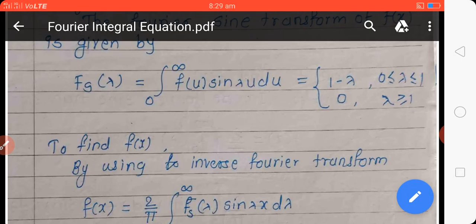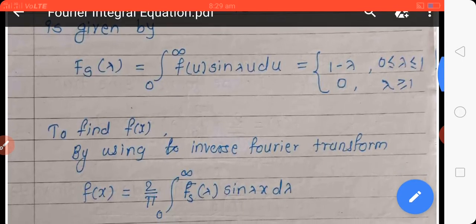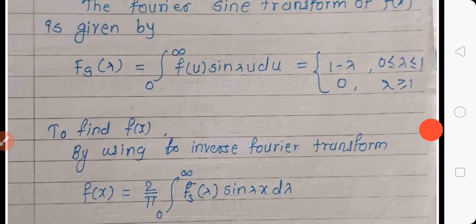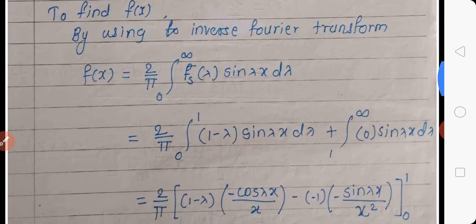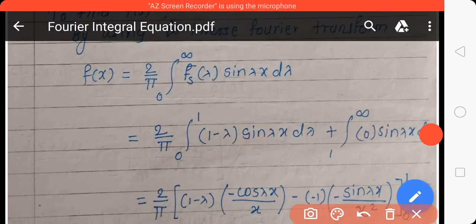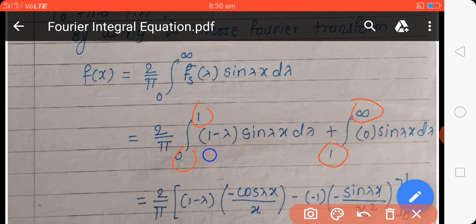Here the value of lambda goes from 0 to infinity. We split 0 to infinity as 0 to 1 and 1 to infinity. If the limits are from 0 to 1, then the value of the function is 1 minus lambda.